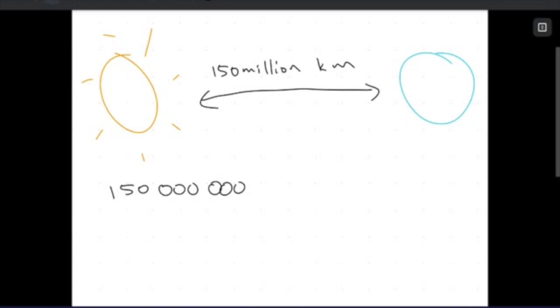I have estimated, I've rounded, and for some revision in significant figures from my previous video, this is to two significant figures here. Now, these two are kind of my digits in question, my significant figures here.